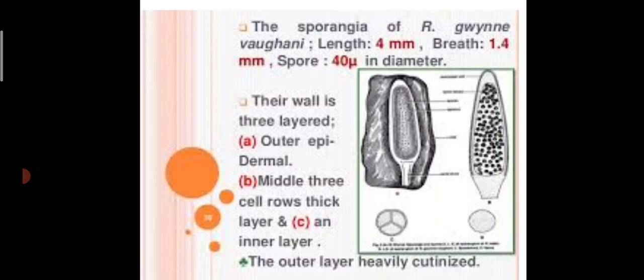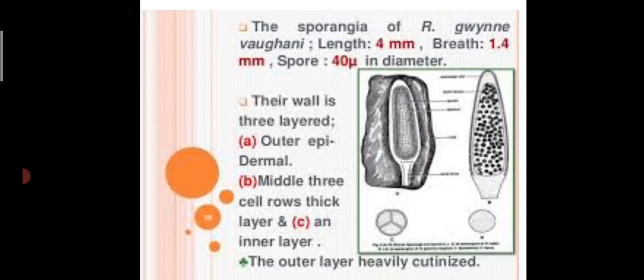According to one scientist, the rhizomatous part represents the gametophytic phase of the plant, because of the presence of flask shaped cavities noticed there, and these flask shaped cavities may probably be disintegrated sex organs.